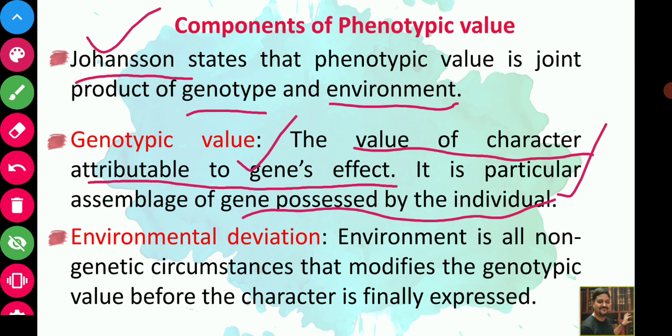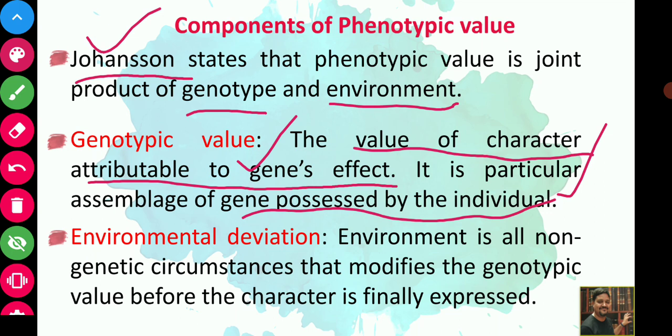How the genes are assembled in that particular individual, the composition or arrangement of genes, is associated with some values. Those values are known as genotypic values.